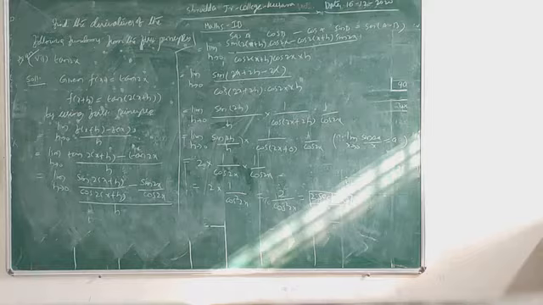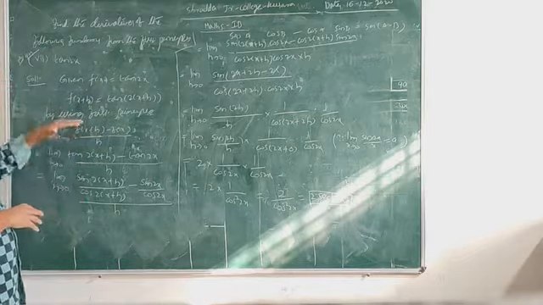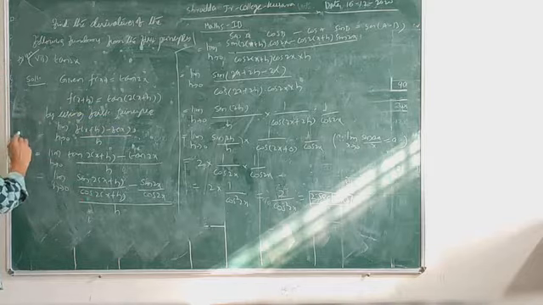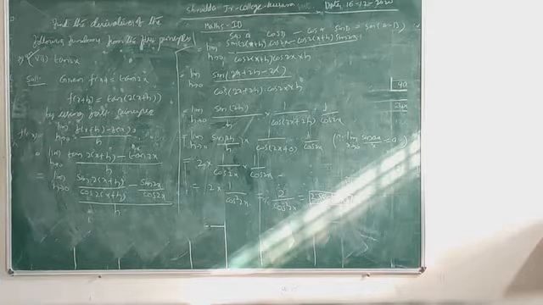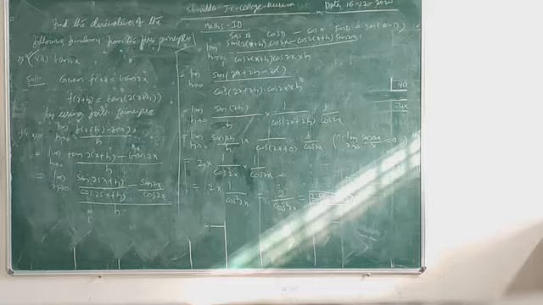What is f of x plus h? Tan 2 into x plus h. By using first principle, what is the first principle here? f dash of x equals limit h tends to 0, f of x plus h minus f of x by h.